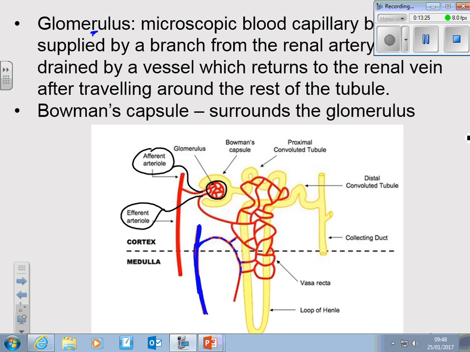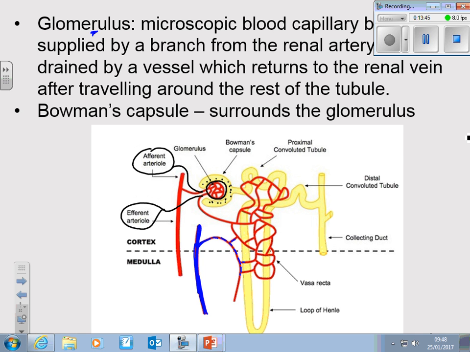All I'm concentrating on at the moment is the glomerulus and the little cup round the outside of it that's called Bowman's capsule. Bowman's capsule is a hollow cup-shaped structure, and we're going to get substances forced out of the glomerulus into Bowman's capsule.